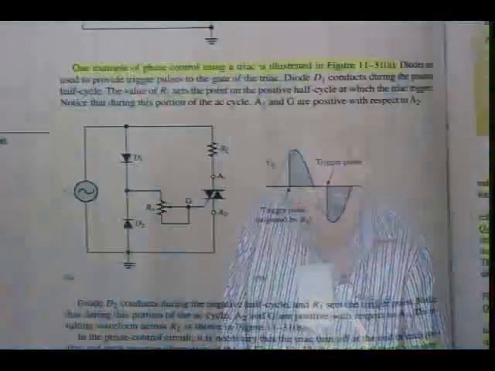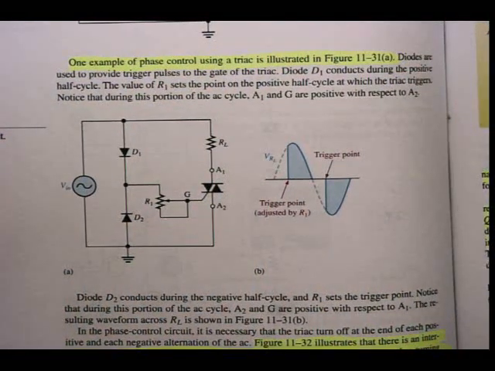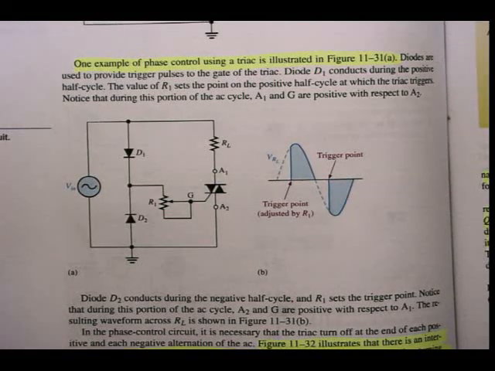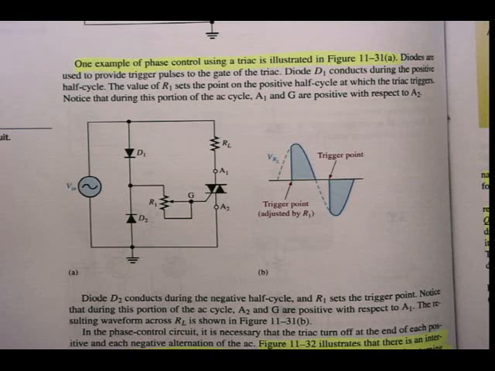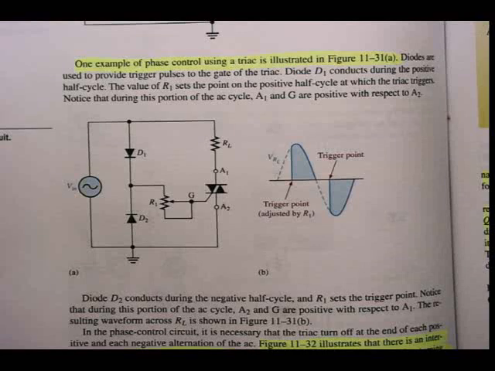All right, one example of phase control using a triac is illustrated in figure 11-31A. So there I can see in that circuit, diodes are used to provide the trigger pulse to the gate of the triac. Diode D1 conducts during the positive half cycle. The value of R1 sets the point on the positive half cycle at which the triac triggers.